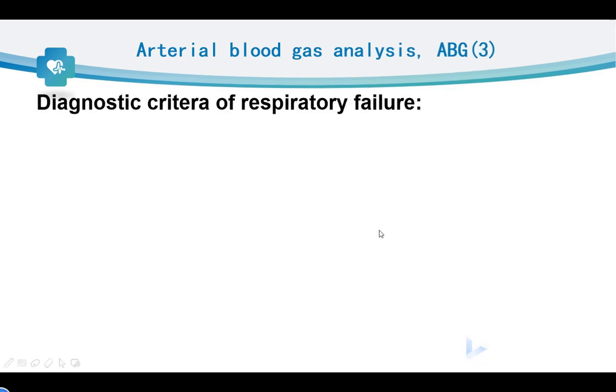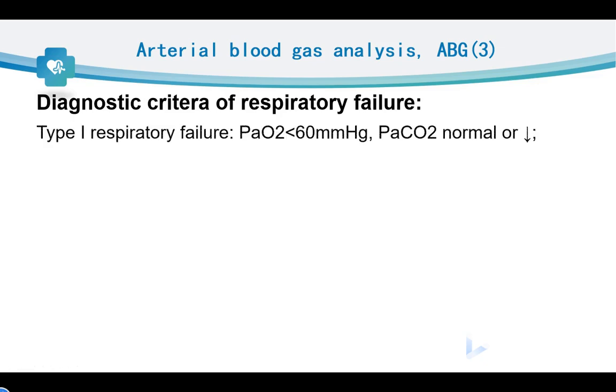After we read the report of ABG, we can confirm whether there is a respiratory failure or not, according to the diagnostic criteria of respiratory failure. That is type 1 respiratory failure with the partial pressure of the oxygen less than 60 millimeters of mercury, with the normal or decreased partial pressure of the carbon dioxide.